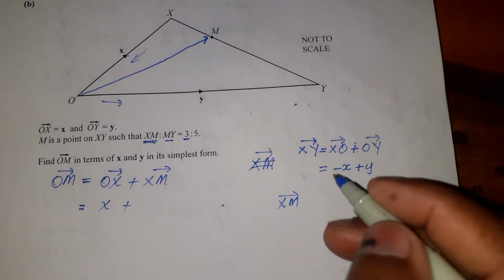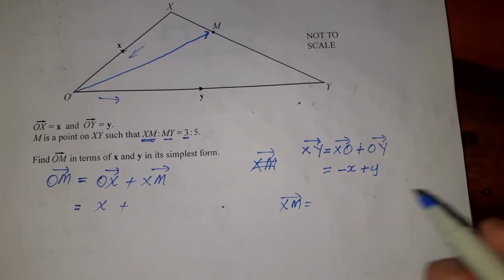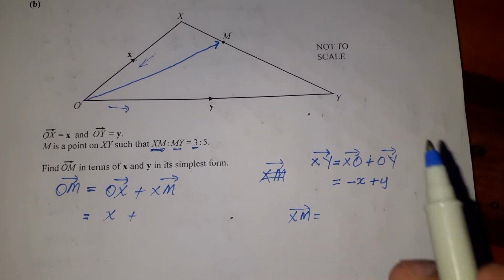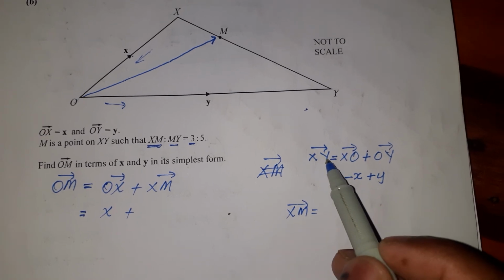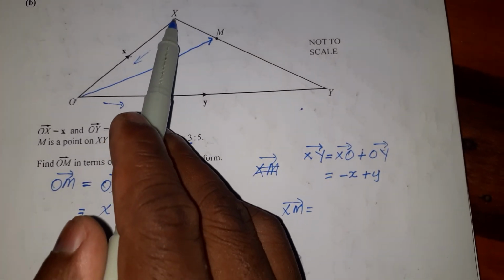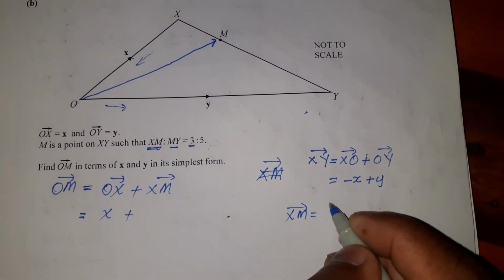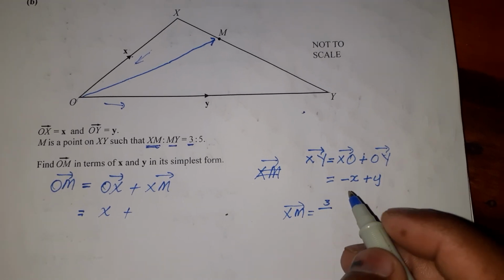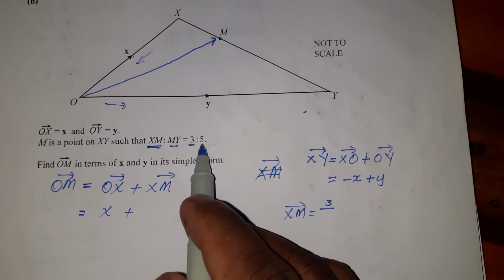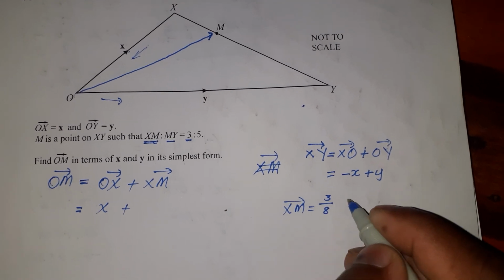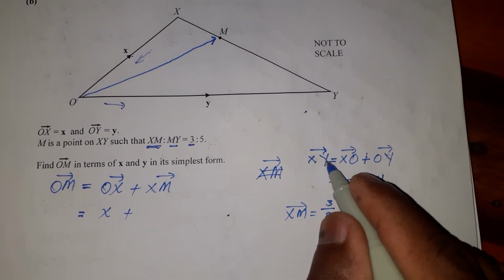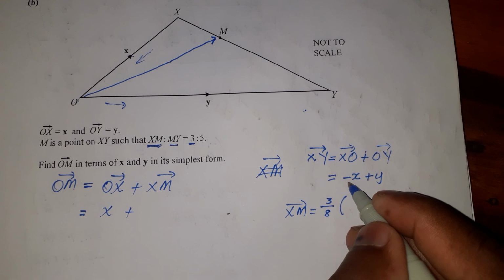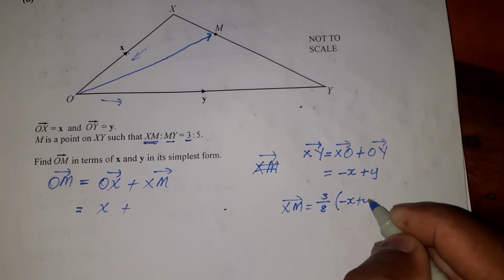Anyways, it's fine, I'll just figure it out. Our XM now is a fraction of XY. So our XM here, the ratio is 3 over 3 plus 5 is 8. 3 over 8 of XY. We know what our XY is equal to, which is negative x plus y.